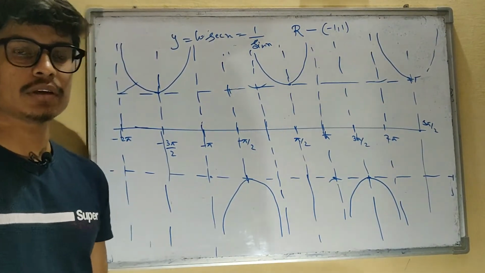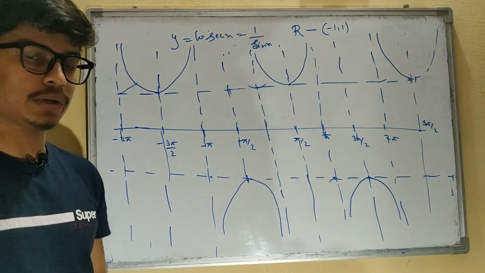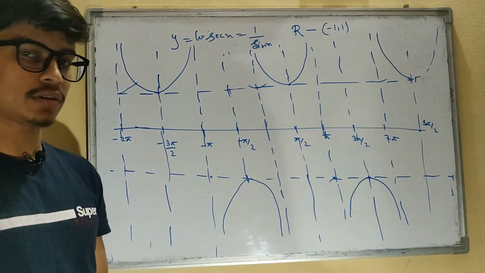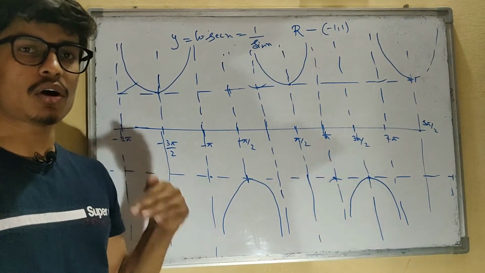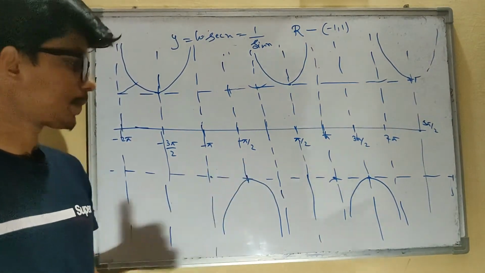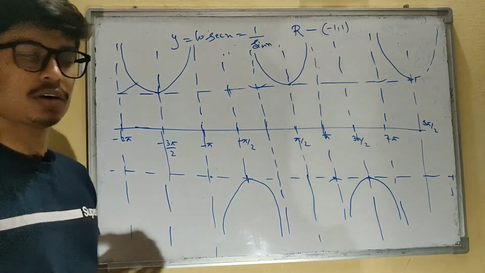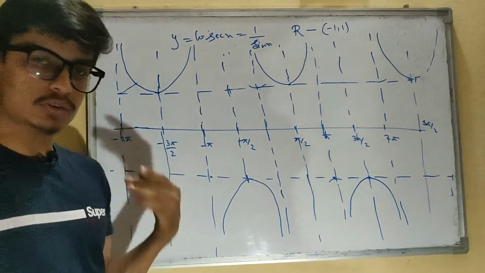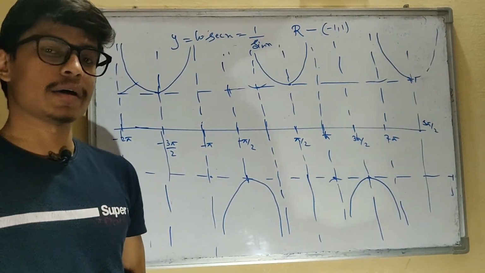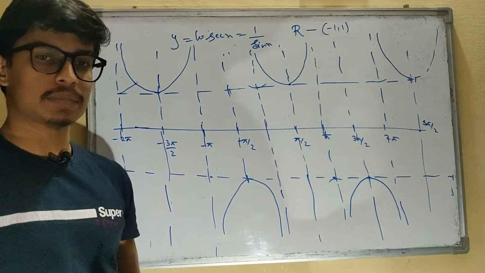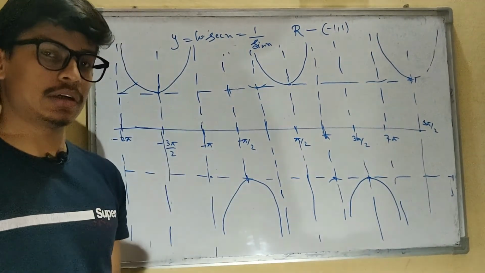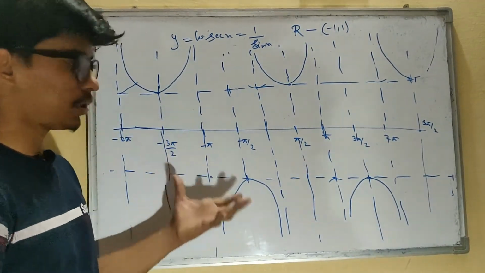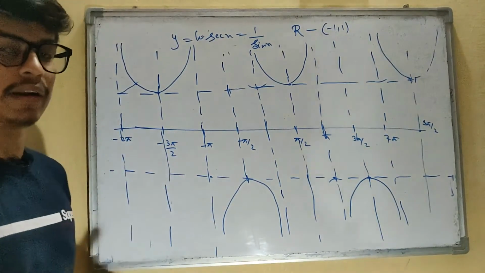And one more thing, this is a task for you. For the next lecture, you have to draw all 6 graphs in your chart sheet or something a little bit large, so that you can draw all these things very clearly.